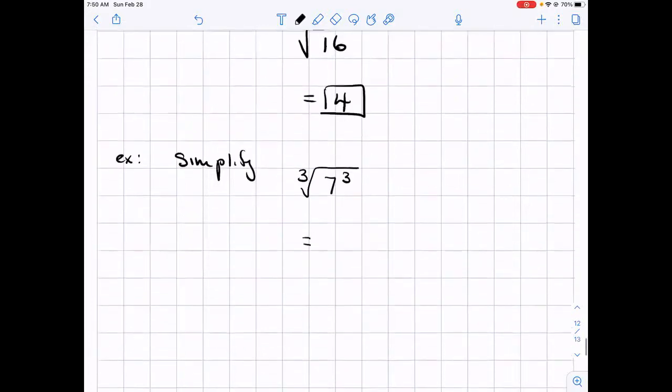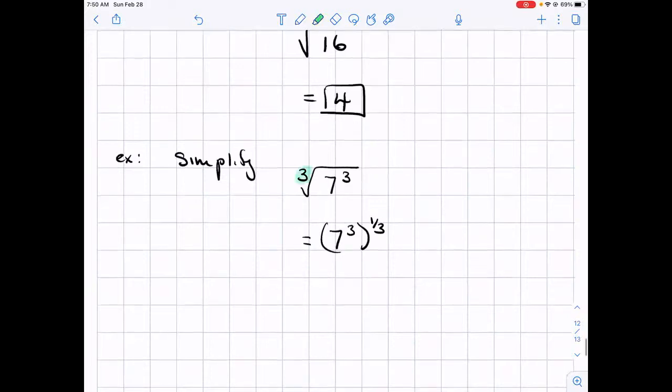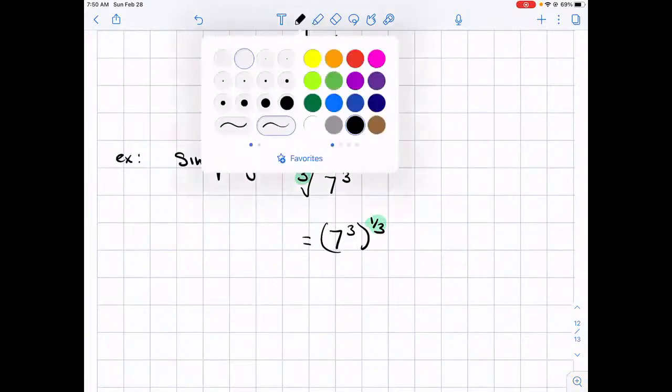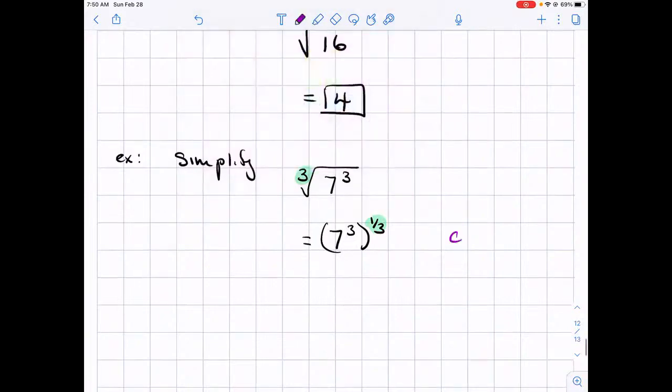So remember, this means 7 cube raised to the 1/3 power, because cube root, right? Cube root, 1/3 power. Okay, so let's make a note of that, because you want to know cube root is the same as 1/3 power.